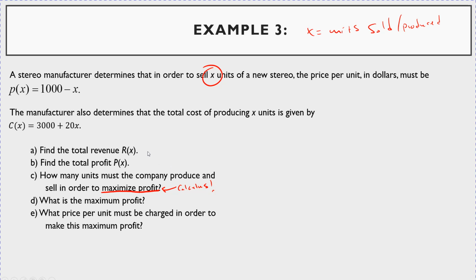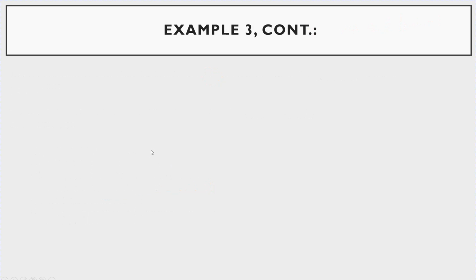First off, what is total revenue? Revenue is equal to the quantity you sell times the price you sell it for. If you sell two units for $5, you make $10 of revenue.